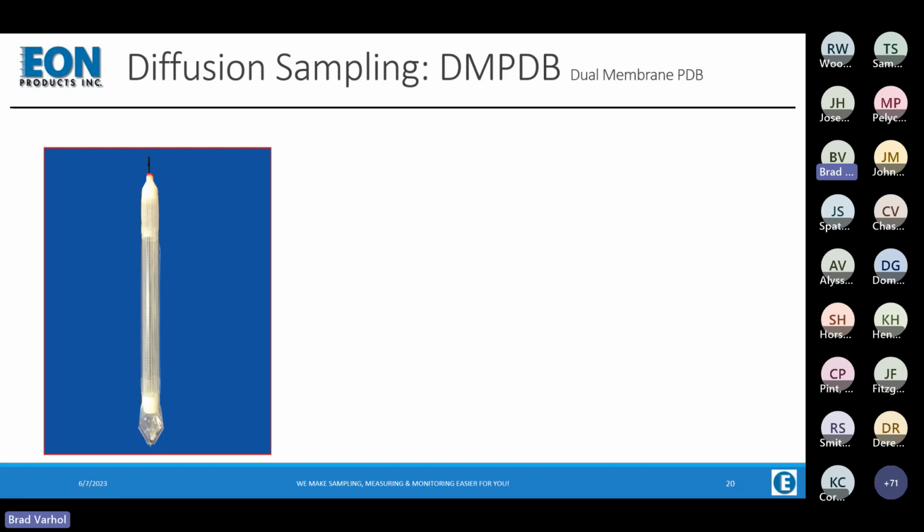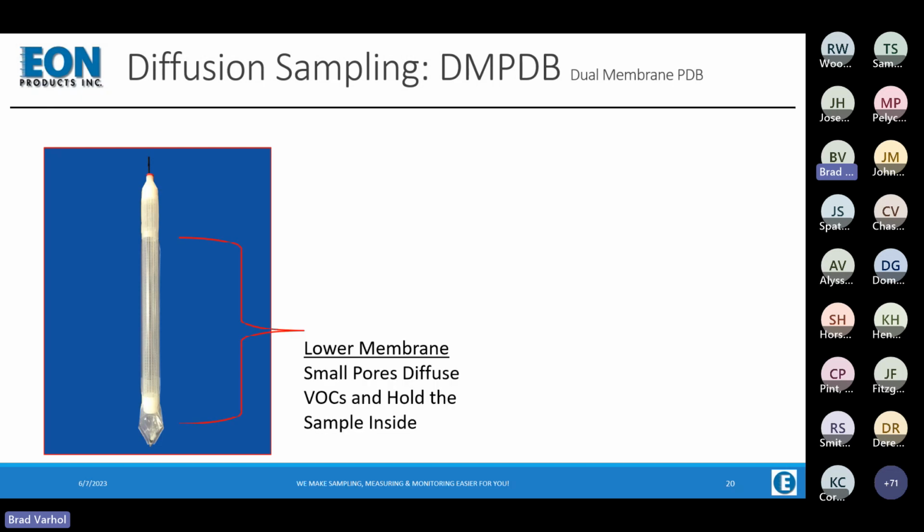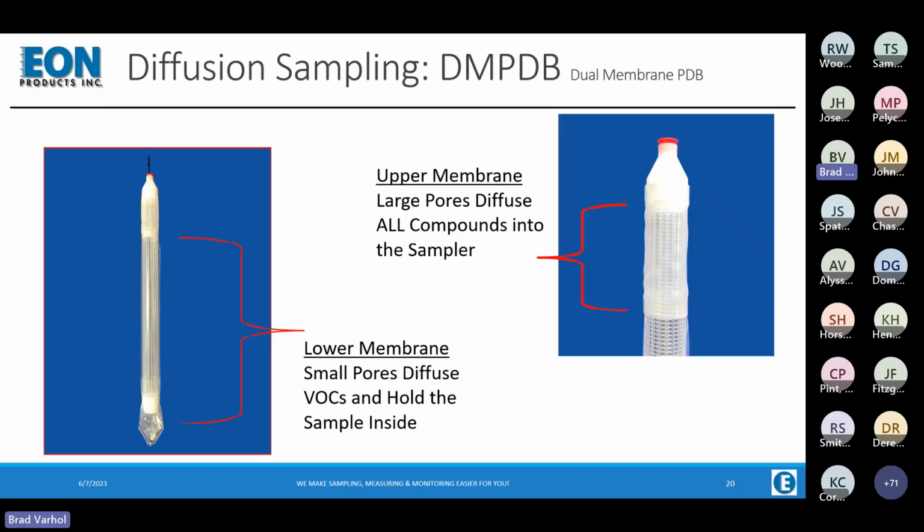Around the bottom portion of the tube is wrapped a low-density polyethylene membrane, LDPE, that is the same material that's used in the standard PDB. It has very small pores, it holds in the water molecule, and it allows VOCs to diffuse into that portion of the perforated tube. At the top portion of the sampler, we use a different membrane, so the two membranes do not overlap.